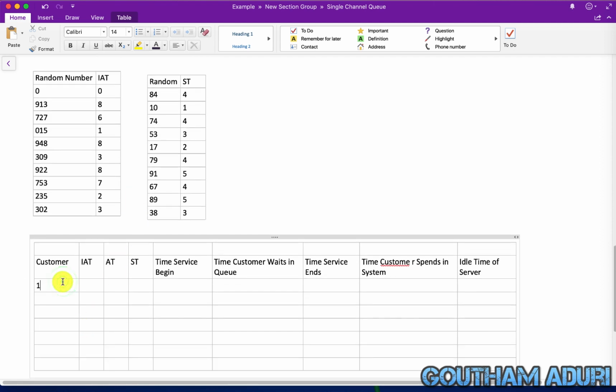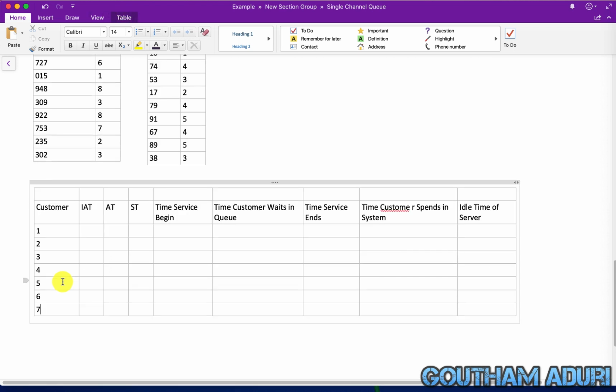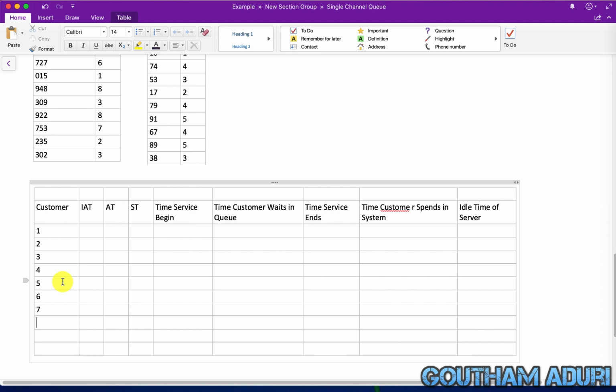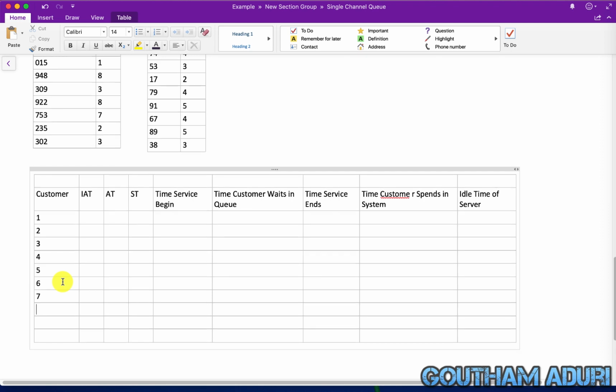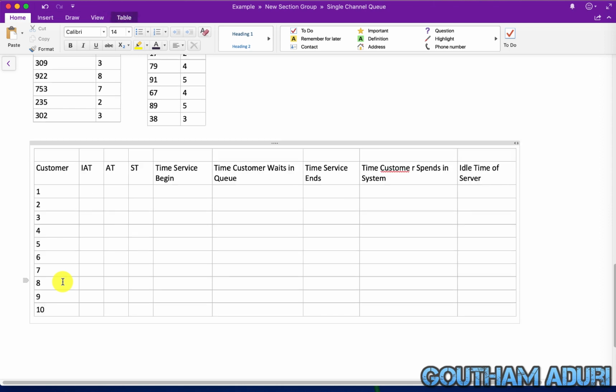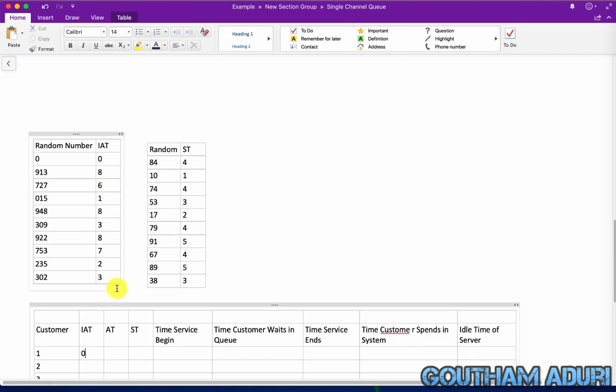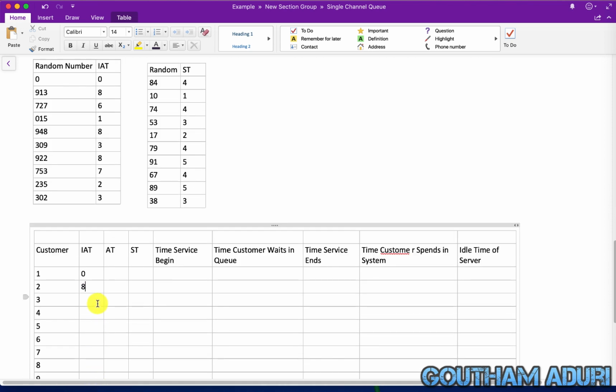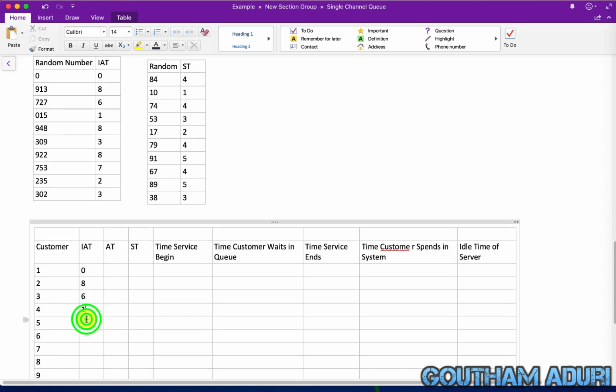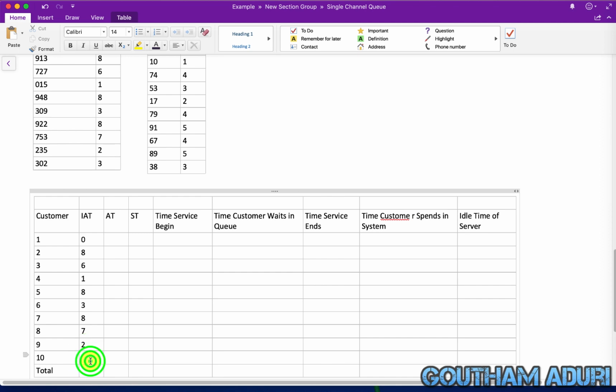So the customers are 1 to 10, and I have to calculate the total values also, so I'll add one more row for the total. The inter-arrival times are 0, 8, 6, 1, 6, 1, 8, 3, 8, 7, 2, and 3.